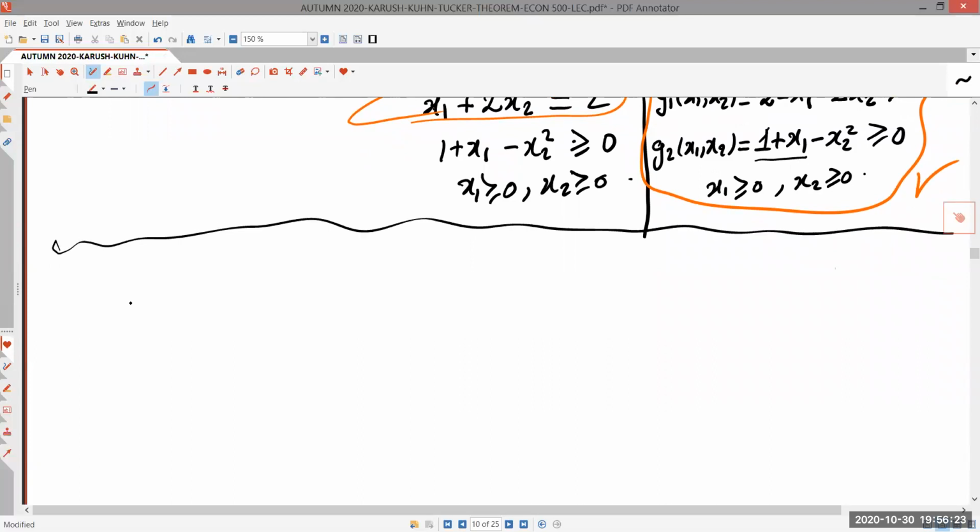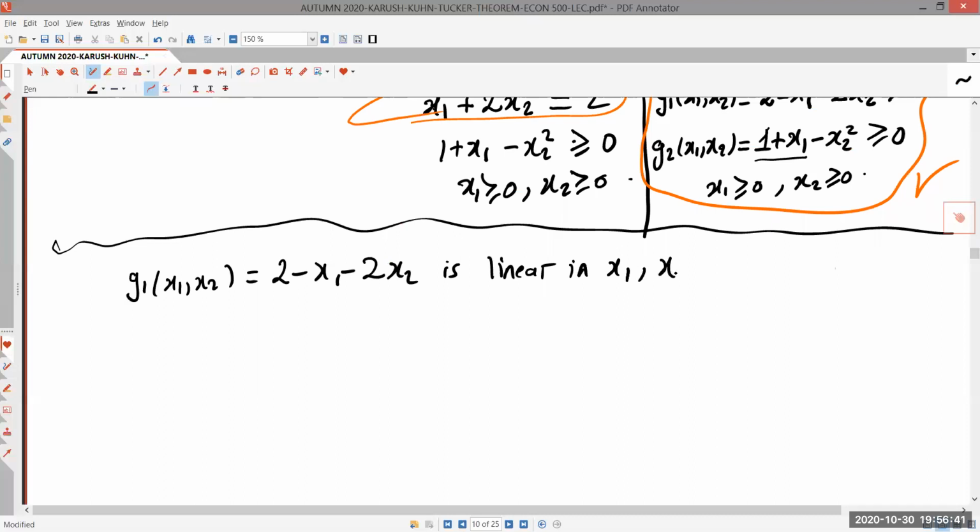And here, this is G1, the first one, x1, x2, 2 minus x1 minus 2x2 is linear in x1, x2, and hence concave.